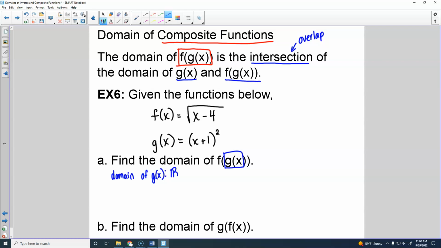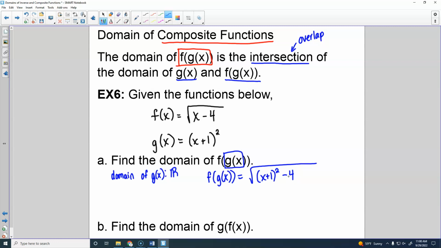Okay? So after I check the inside part for restrictions, then I need to look at f of g of x. So if I do f of g of x, that will be the square root of x plus 1 squared minus 4.